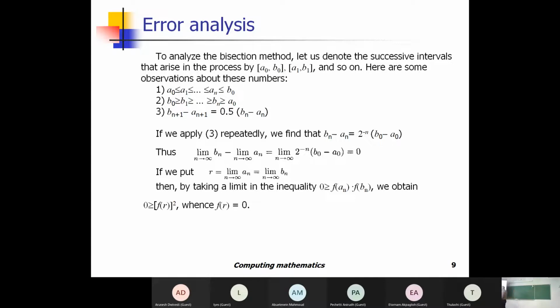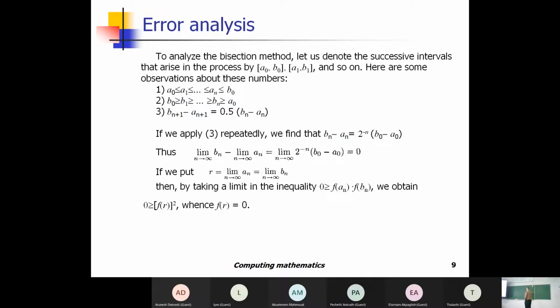And if we apply property number 3 repeatedly, we find that the length of interval number n, bn minus an, equals 2 power minus n times the length of the first interval, b0 minus a0.